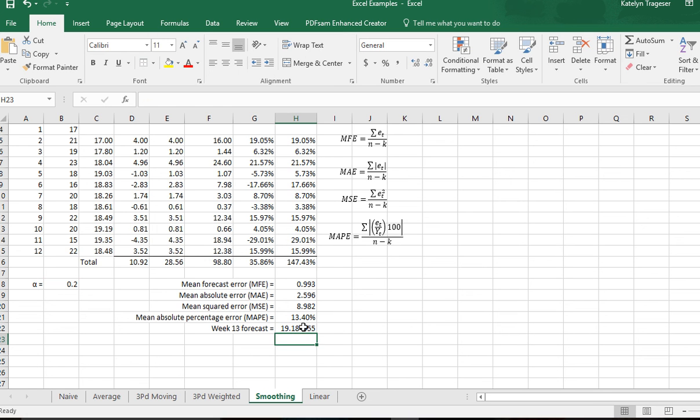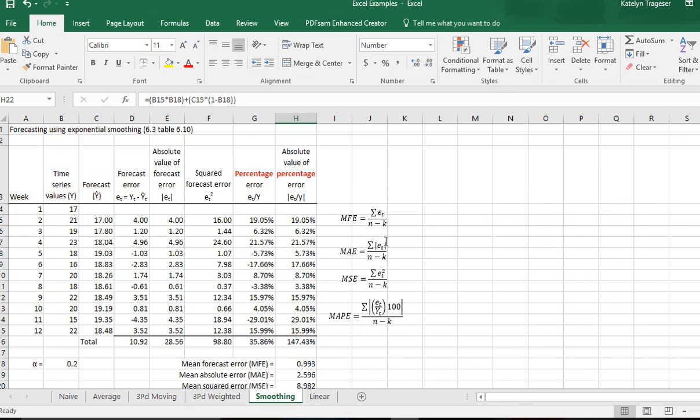And we can see that our week 13 forecast is 19.185 units. So again, this was an example using exponential smoothing.